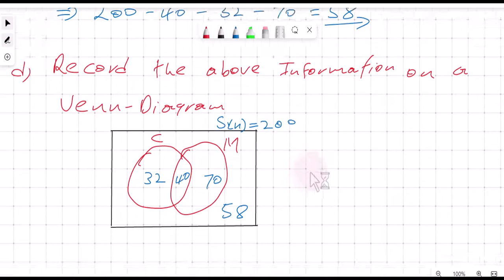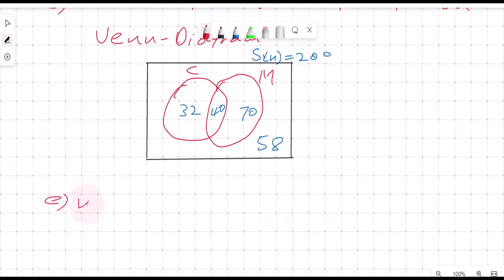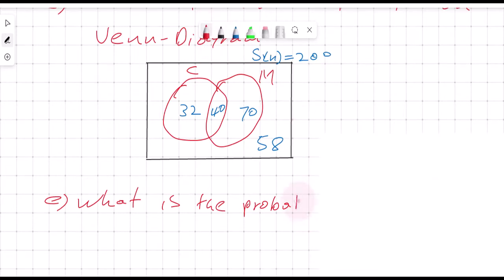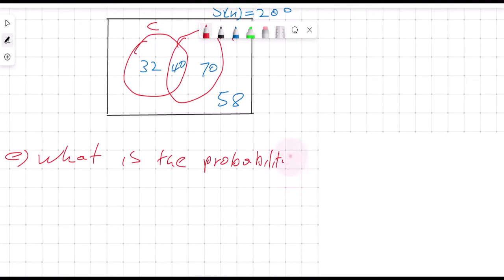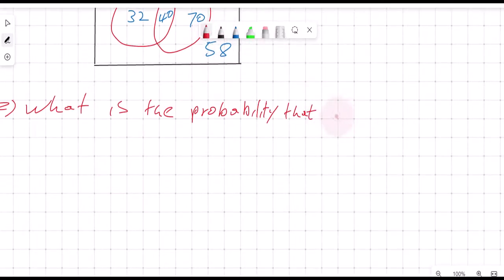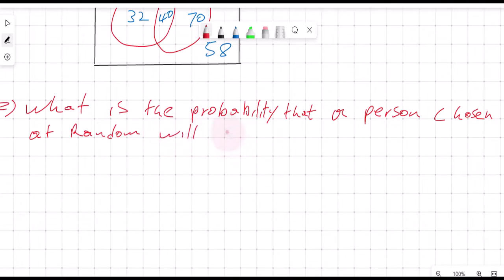Number E. What is the probability, now we're doing probability, that a person chosen at random will like cream or milk?